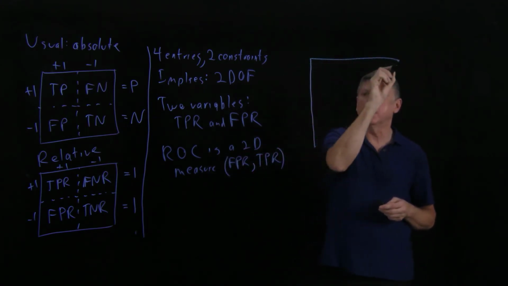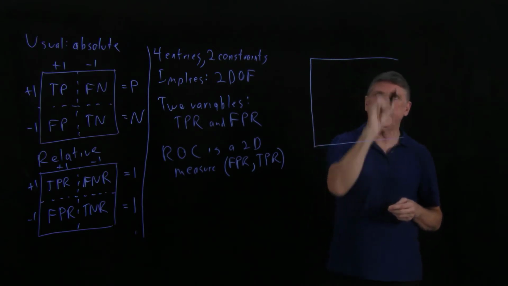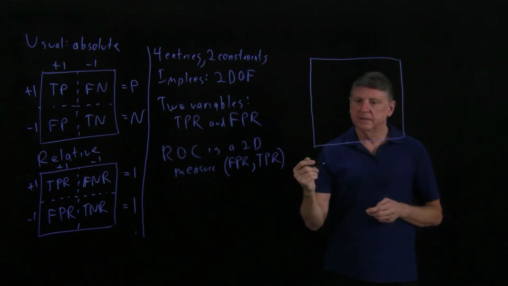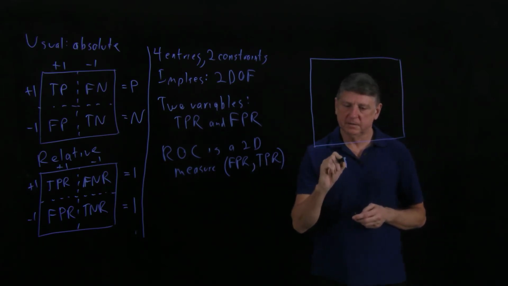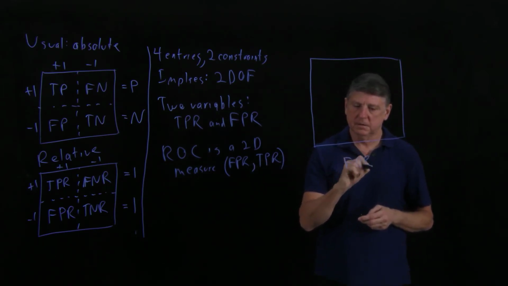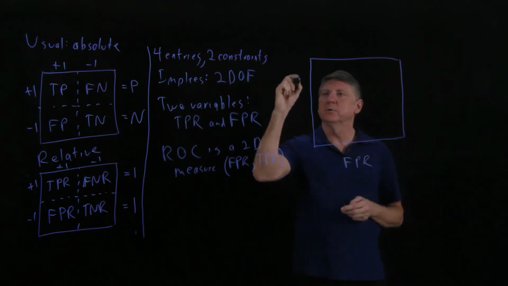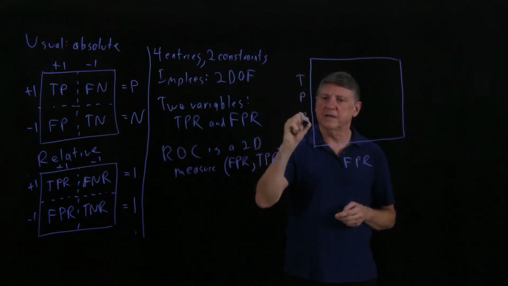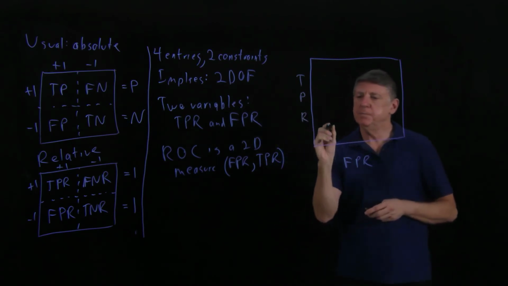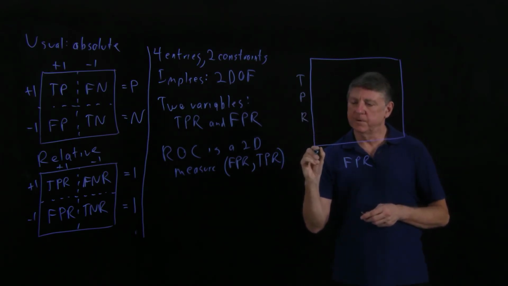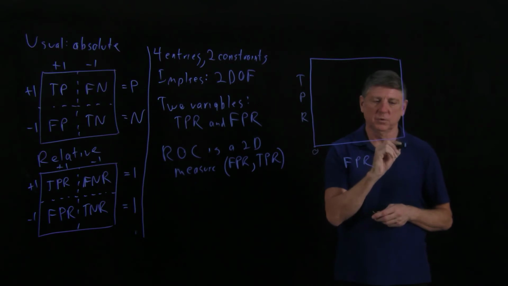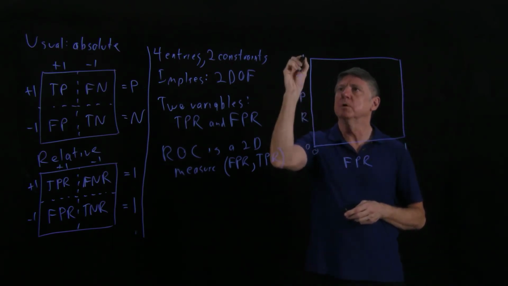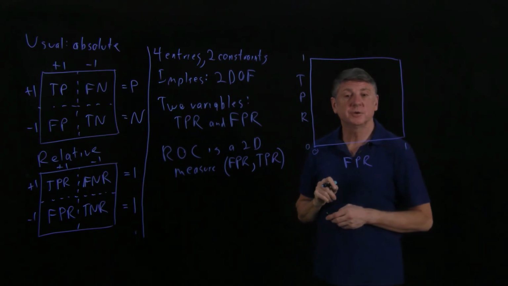In that plot, this would be the false positive rate, and this would be the true positive rate. The false positive rate goes from 0 to 1, and the true positive rate also goes from 0 to 1. So this is a unit square.